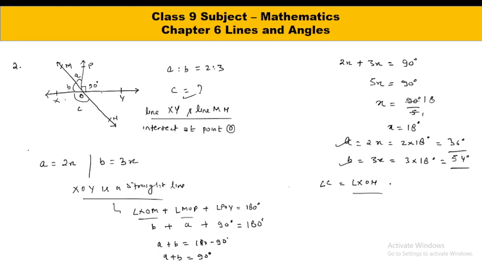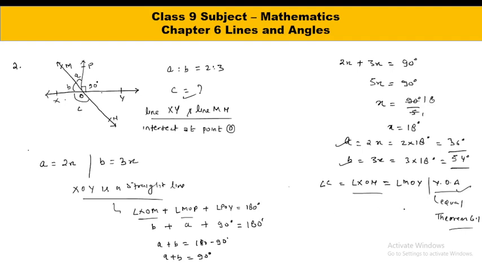This angle XON is equal to angle MOY, because these are vertically opposite angles, and vertically opposite angles are equal, taking reference of theorem 6.1, where it is given that when two lines, line XOY and line MON, intersect at point O, they form angles, here angle C and here angle MOY. These are vertically opposite and vertically opposite angles are equal.